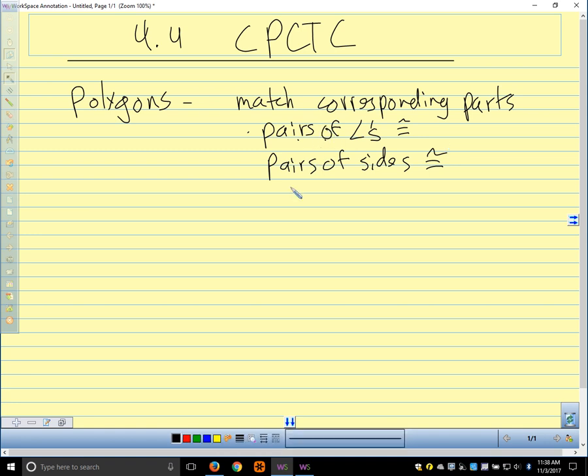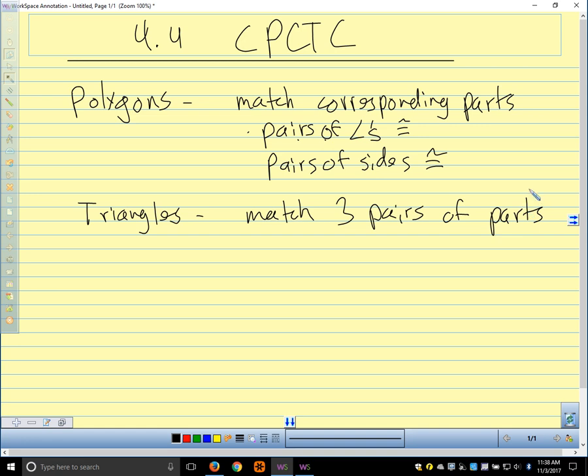And then for triangles, we came up with a bunch of shortcuts. And all of our shortcuts just made it so that we just needed to match 3 pairs of parts.